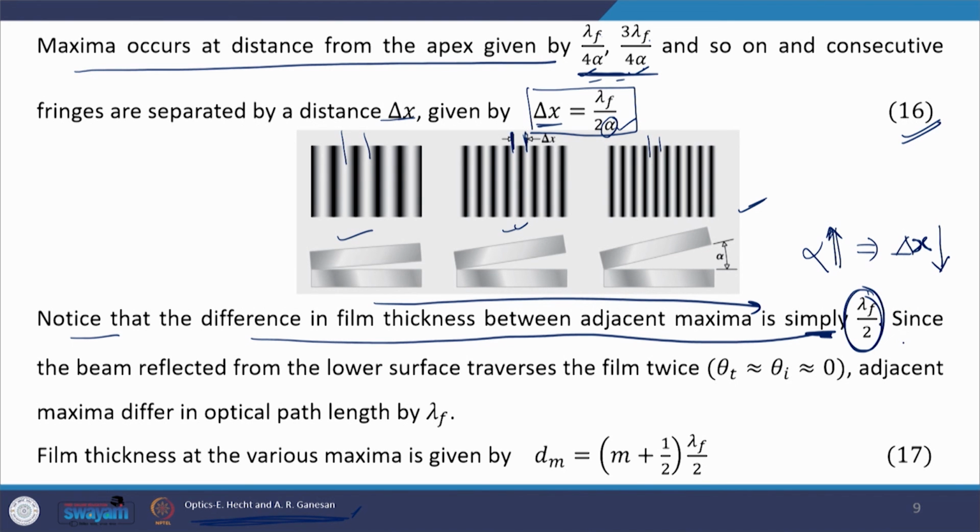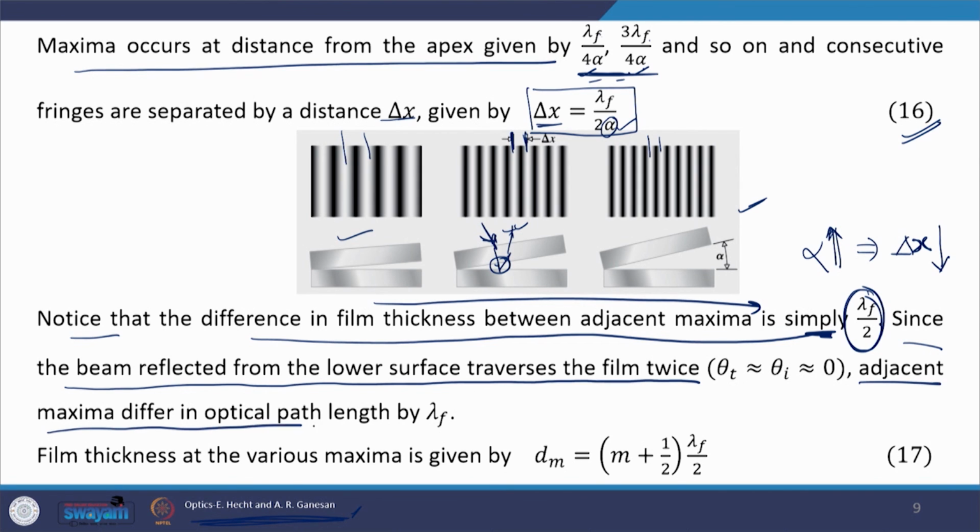Since the beam reflected from the lower surface traverses the film twice, because when you incident light here, it goes into the film, gets reflected and then comes out, the reflected light travels twice the length of the film. Therefore, the adjacent maxima differ in optical path length by lambda f, and the film thickness at various maxima is given by this relation.